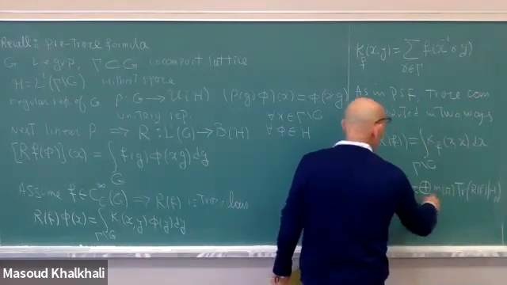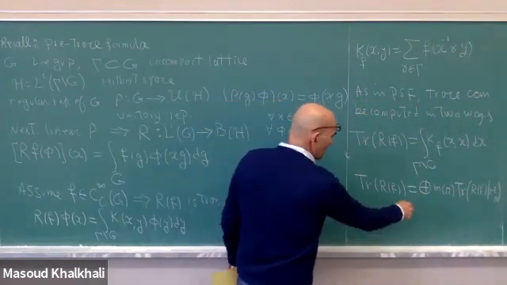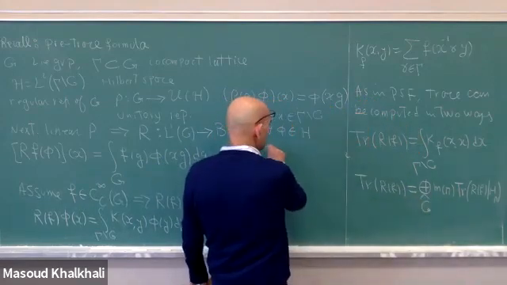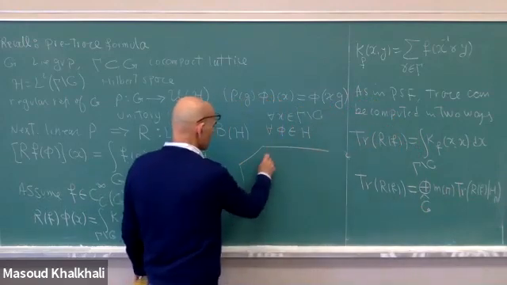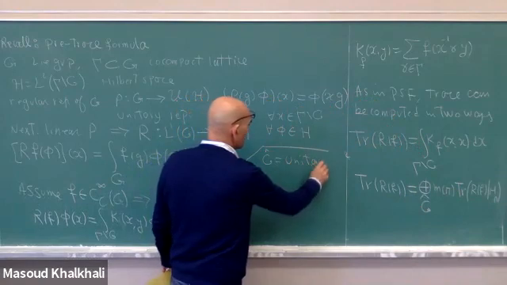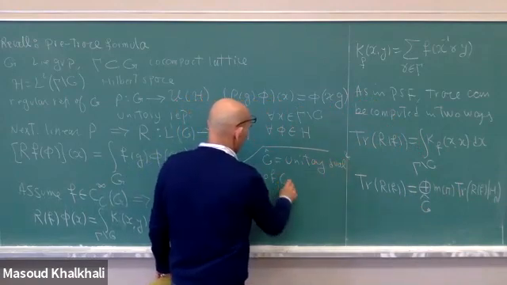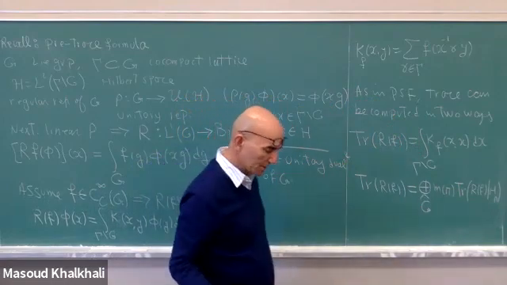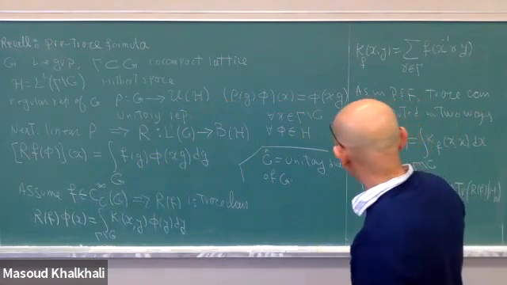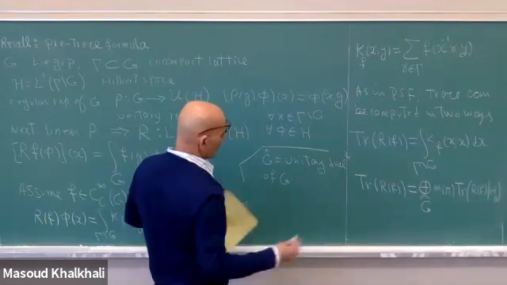So now what is this? Where this summation is over G hat, this G hat is the unitary dual of G. So this is the space of all unitary irreducible representations of G up to natural isomorphism.